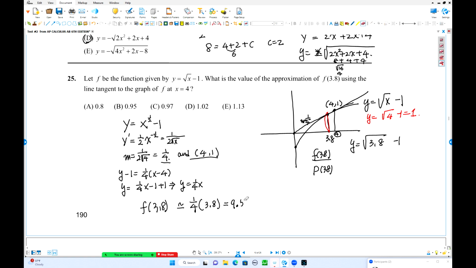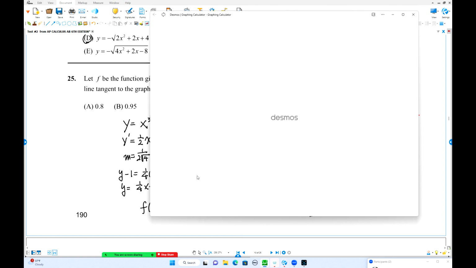That is the approximation value, and this one, a little lower, is the actual value, square root of 3.8 minus 1. I'm going to find this one. That is a little lower than this number.